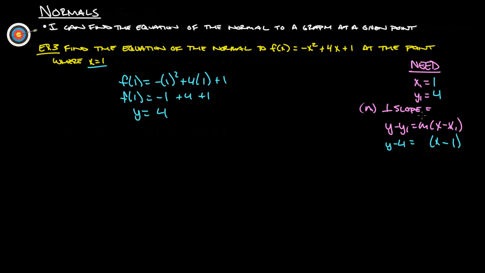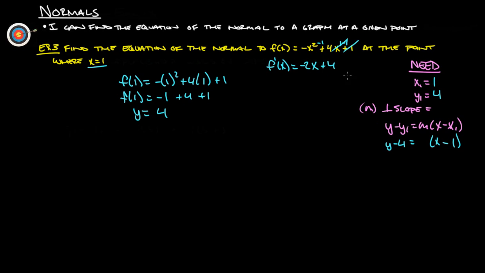Now all we have to do is figure out the slope. But it's not just any old slope, it's the perpendicular slope. We still find our slope the same way, and that is find the derivative of our function. So f prime of x is going to equal 2 times negative 1 is negative 2, subtract 1, that's negative 2x. 1 times 4 is 4. Then we subtract the 1, so the x's are gone, and the derivative of a constant is always 0.